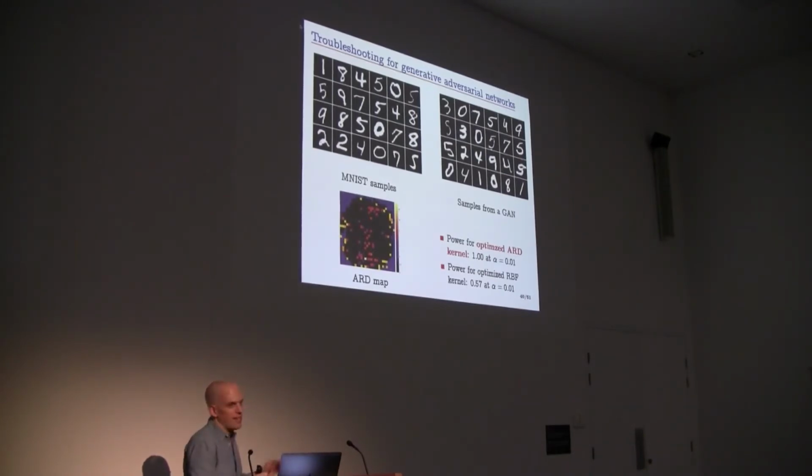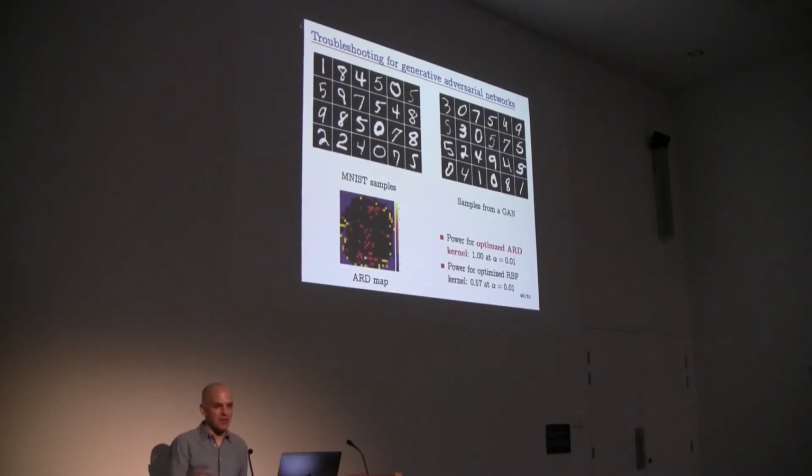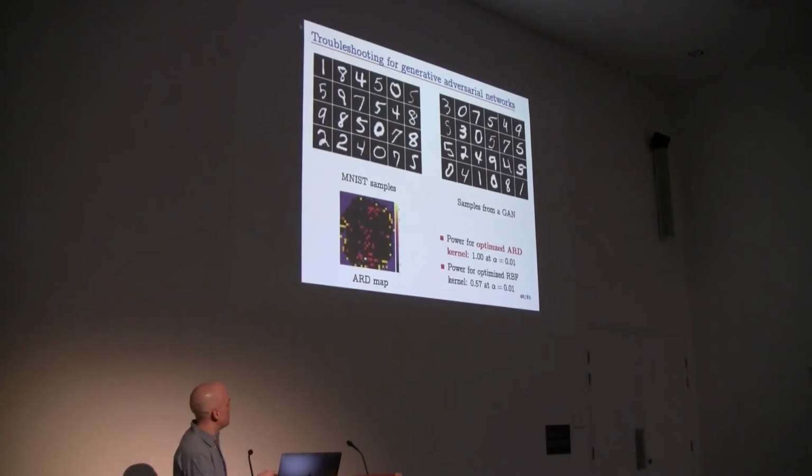The test power that we get using this learned kernel is 1. So if you use this kernel and optimize it using this power maximization strategy, you will always find correctly that the GAN samples are different from the MNIST samples. By contrast, if we just use a naive RBF kernel without learning the length scales using our test power maximization strategy, we're doing a lot worse.